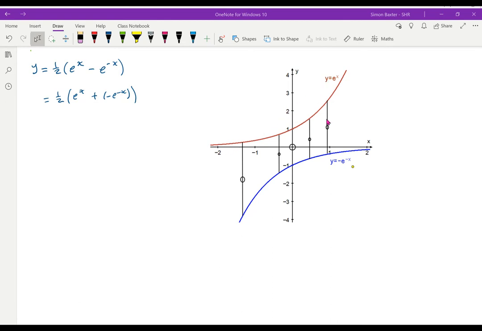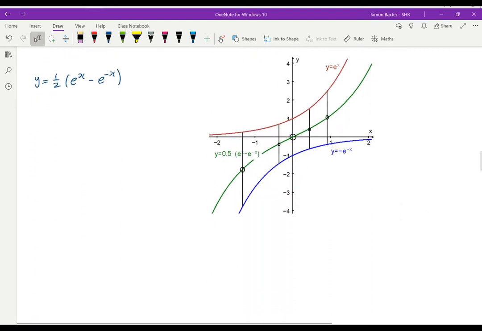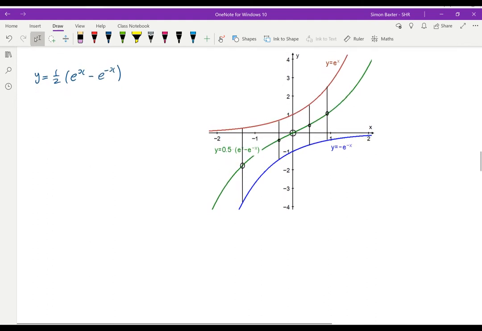There's e to the x, there's minus e to the minus x, and here are a number of midpoints. And then if we draw the graph of y equals half e to the x minus e to the minus x, there it is. And this is the second of the two hyperbolic functions that we're looking at the moment.